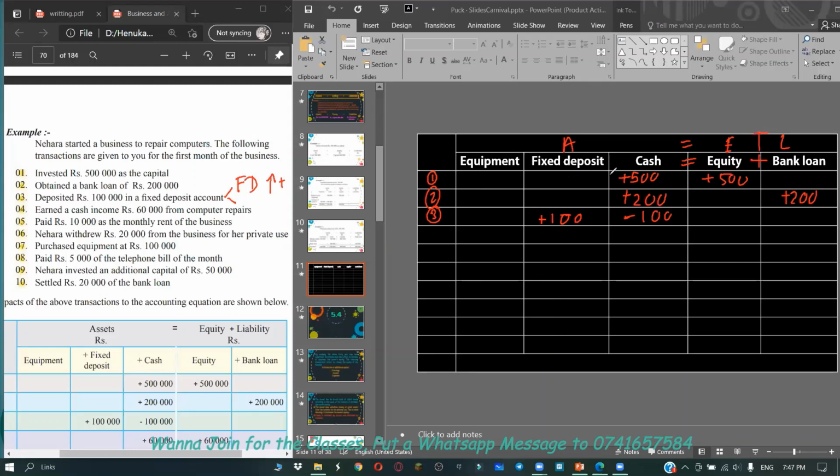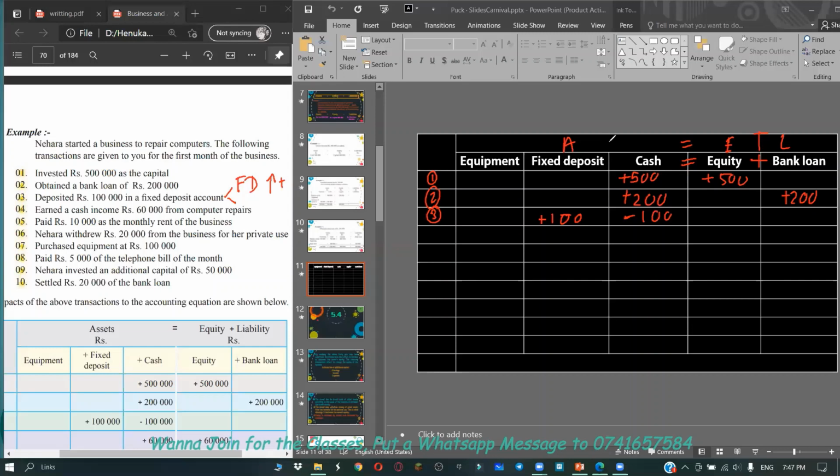By investing 500,000 as initial capital, cash increased and equity also increased. Because of this dual impact, the transaction has balanced.